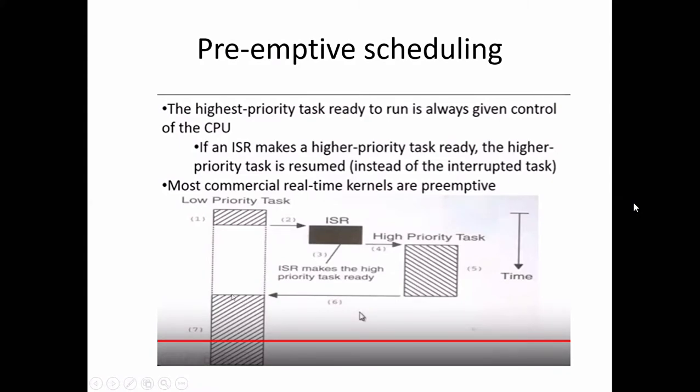See, as time goes on, it always jumps from the low priority task to the high priority task. So preemptive scheduling is somewhat like scheduling a task between high priority and low priority.